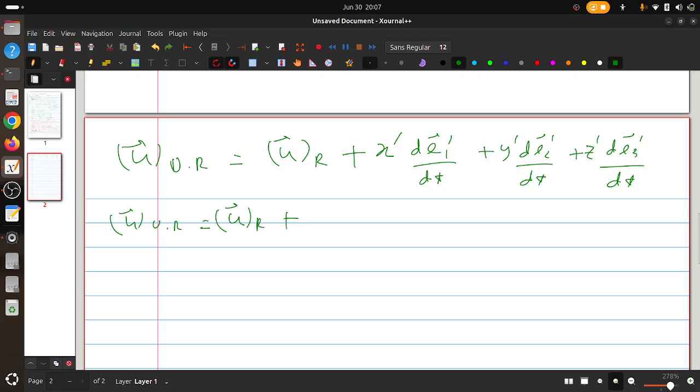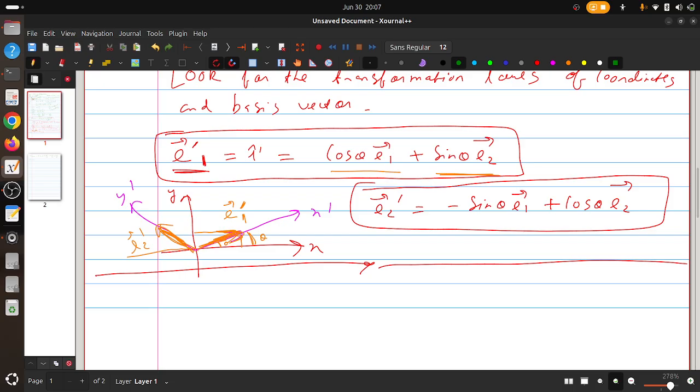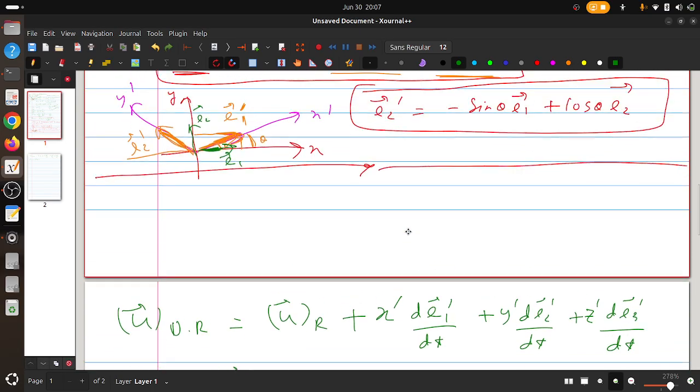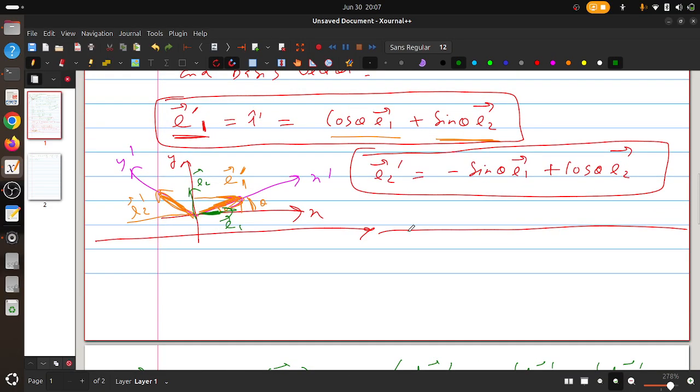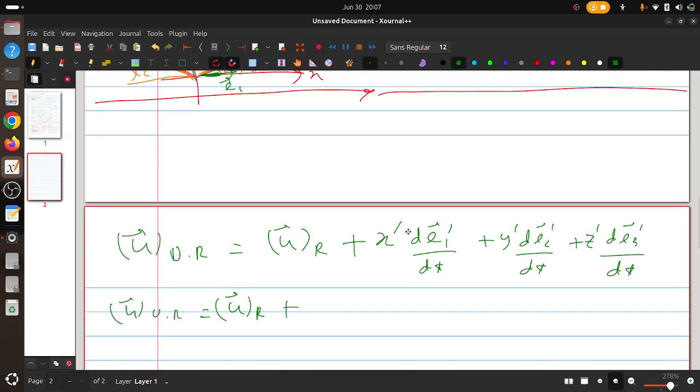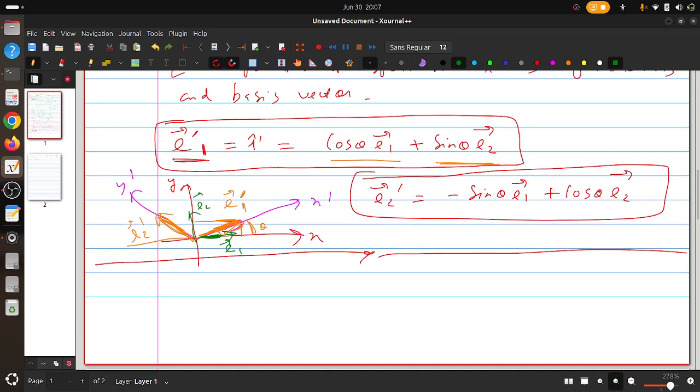Now if we differentiate d e1 prime by dt, we observe that e1 and e2 are fixed vectors, in this direction and this direction. So this is my e1 and this is my e2, so they are fixed. Only the primes are functions of time. That's the advantage, that's why we have transformed, so that we are able to differentiate. So if we differentiate this, it should be minus sine theta and d theta over dt.